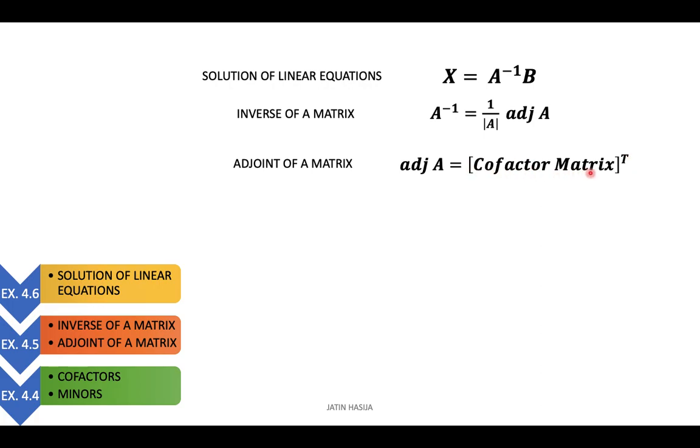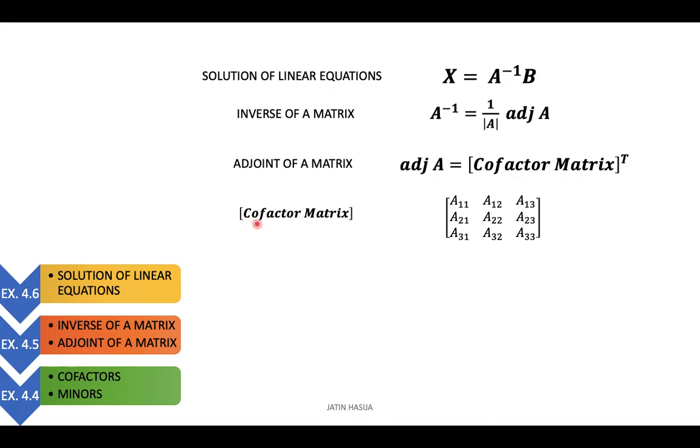Now, what is this cofactors matrix? It is something like this. If you see, A11, A12 are not written in small letters. When we write in small letters, we talk of elements. When we write in capital letters, we talk of the cofactors.